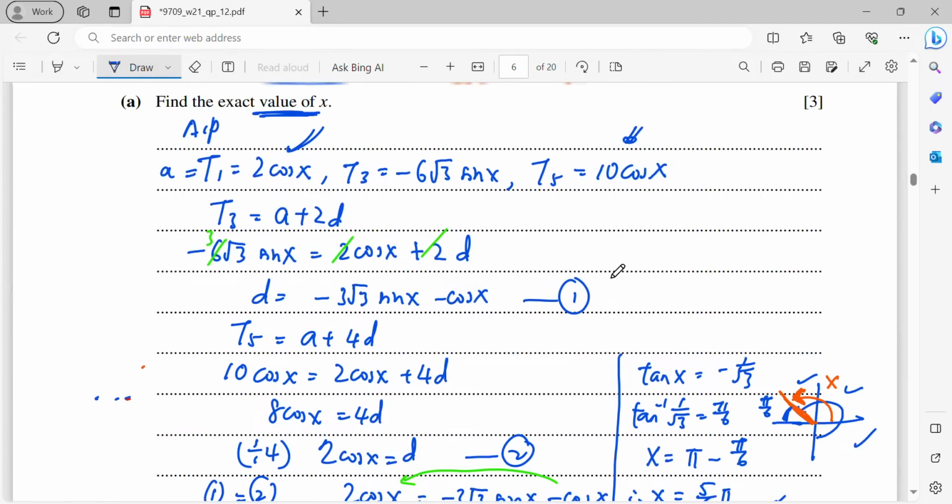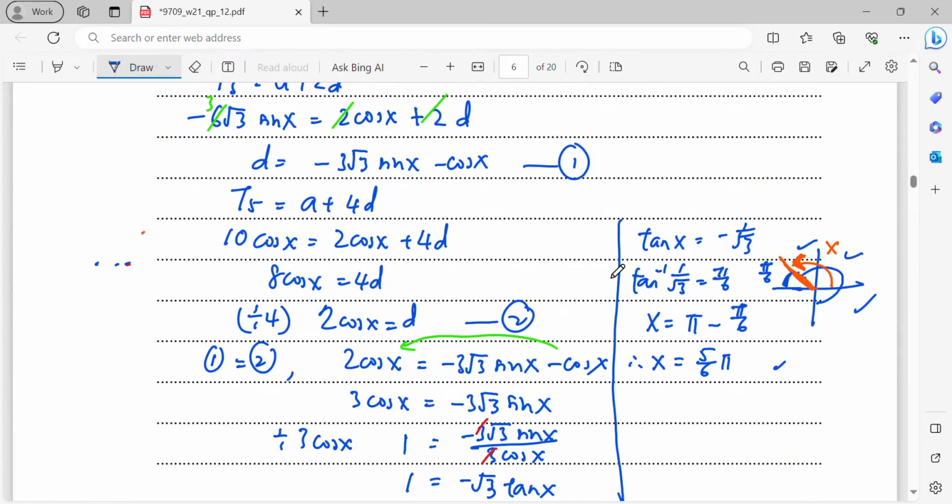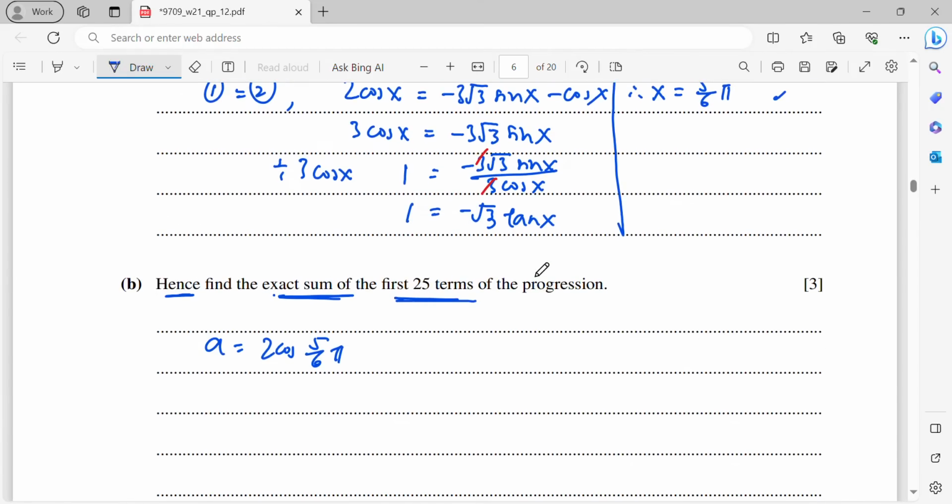And then my d, okay, so I can count my d. My d is 2 cos x. So now my d is 2 cos 5 over 6 pi as well. Alright, so 2 cos 5 over 6 pi is basically negative square root 3 over 2.